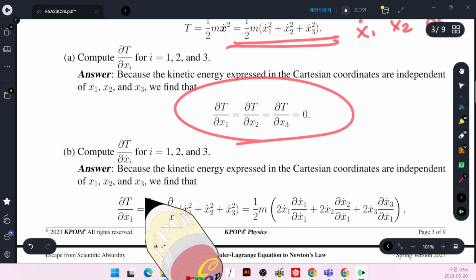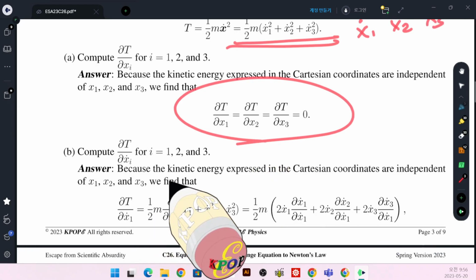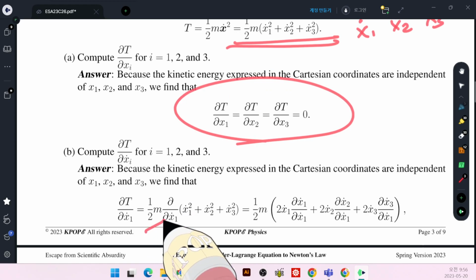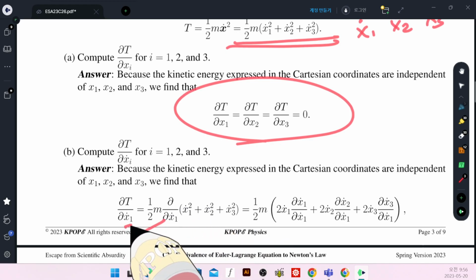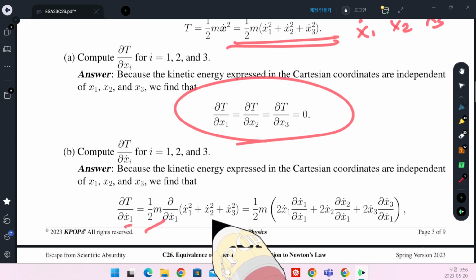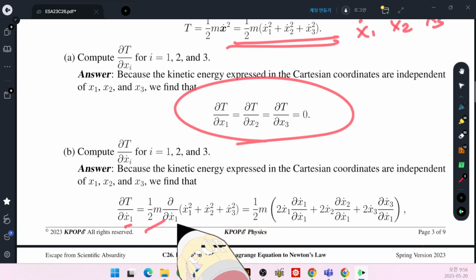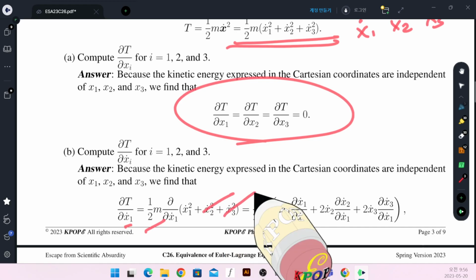We can apply the chain rule. So we have a factor of 1/2 mass, and we take the derivative of the sum of squares with respect to x1 dot, for example. Because x2 dot and x3 dot are independent of x1 dot, we can kill them.